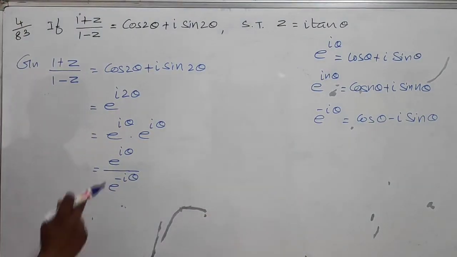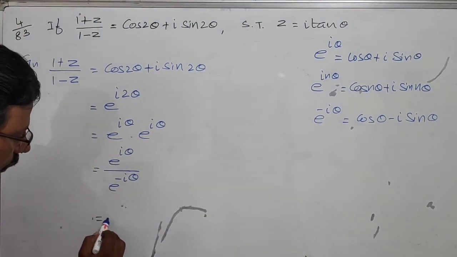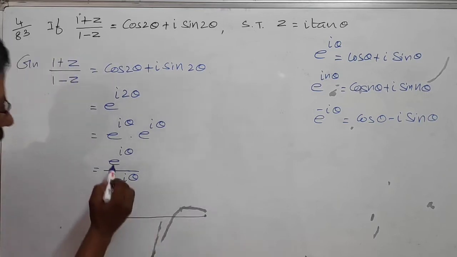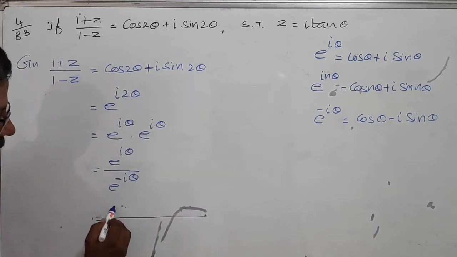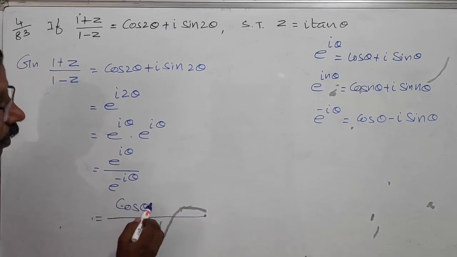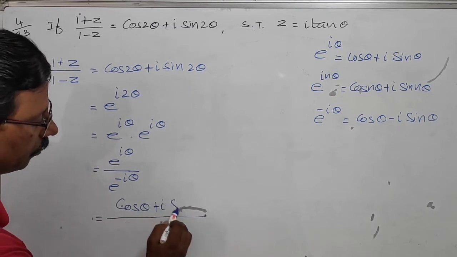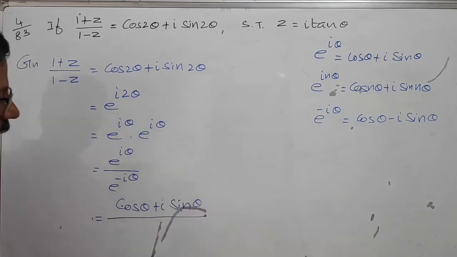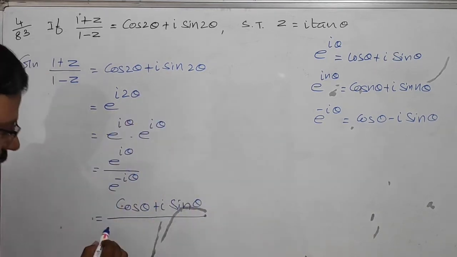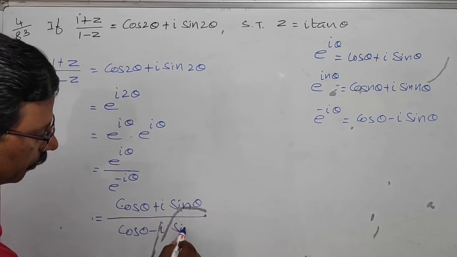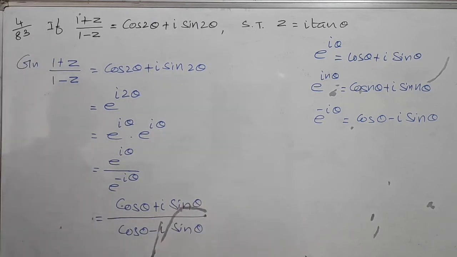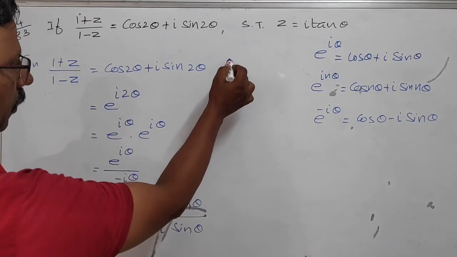Based on that we are going to rewrite this: e power i theta can be written as cos theta plus i sin theta, and this can be written as cos theta minus i sin theta.